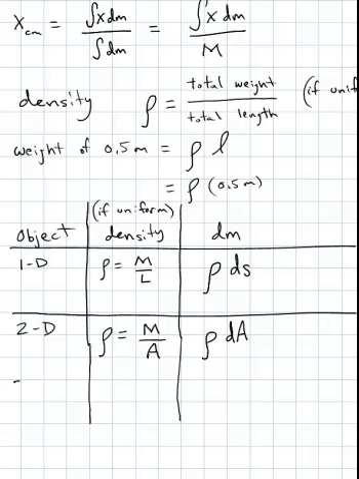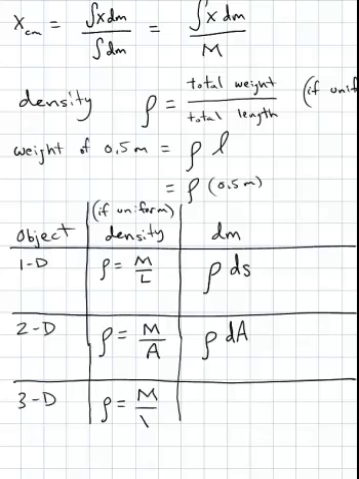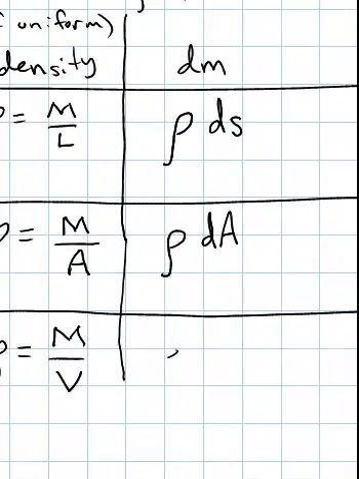And if it's a three-dimensional object, our density is the total mass over the total volume, and dm would be the density times some volume element, dV. Now, it's pretty typical in physics to use this symbol rho for density, but some physics books use different symbols depending on whether it's one-dimensional, two-dimensional, or three-dimensional.